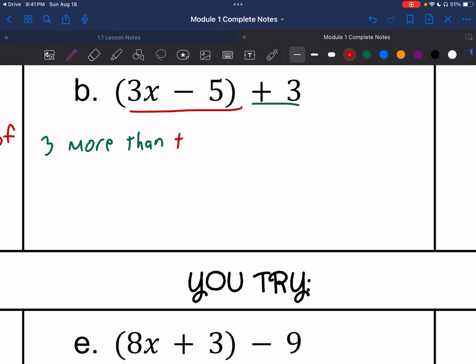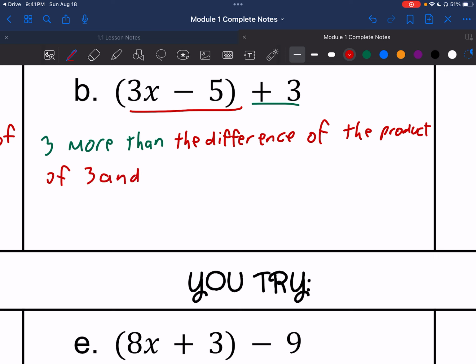So we can say the difference of the product of 3 and x.